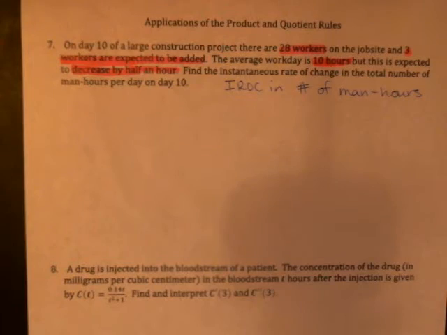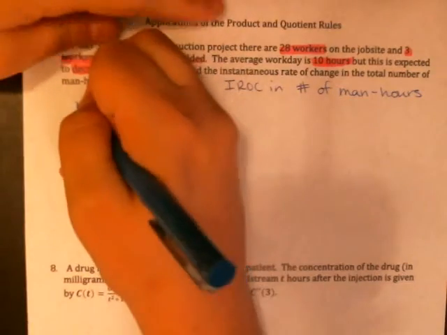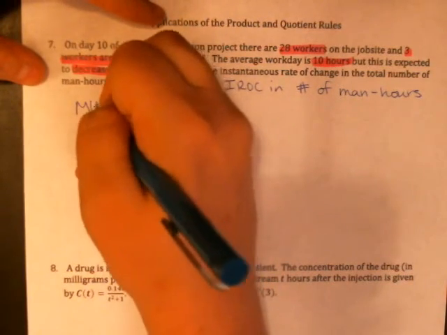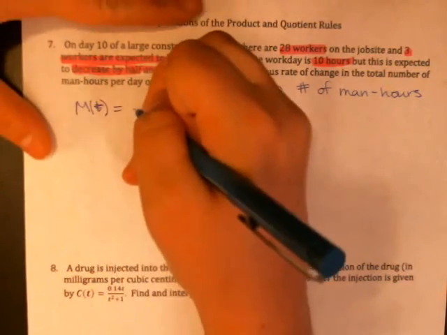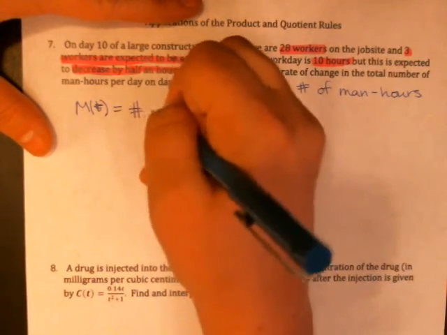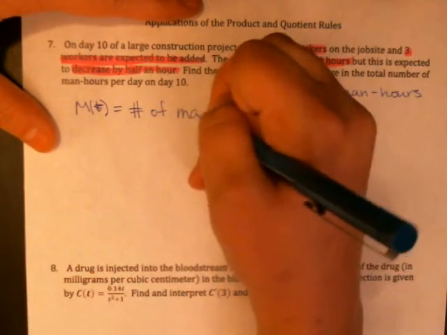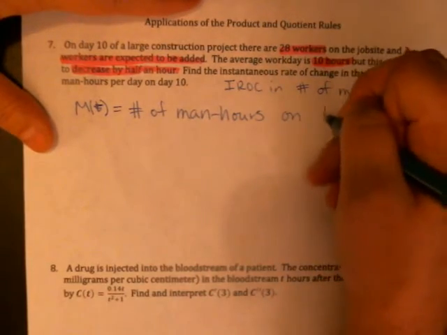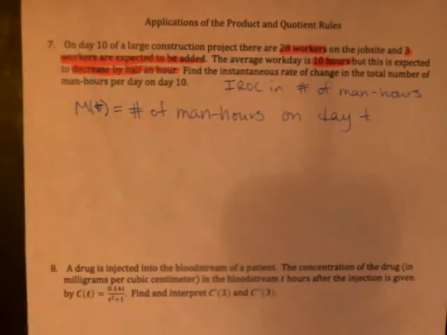I'm going to give it a variable name. So let's say M of T is the number of man hours on day T. So this is a function of time. It would change depending on which day.